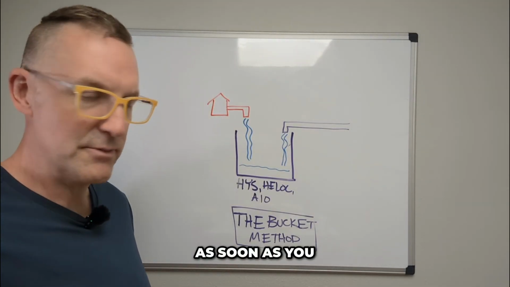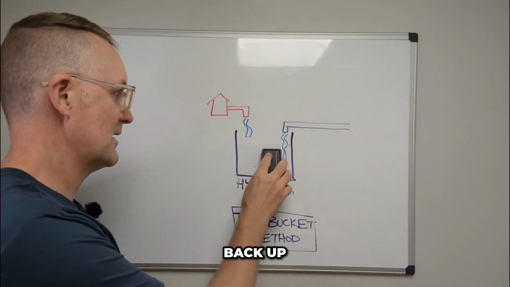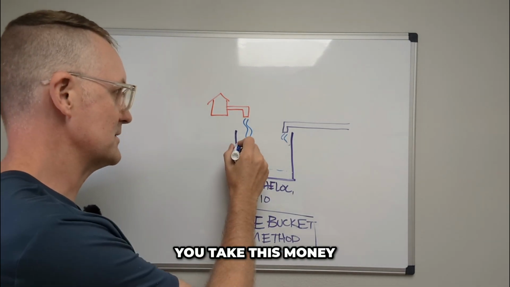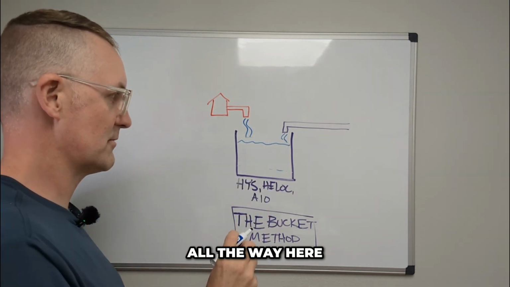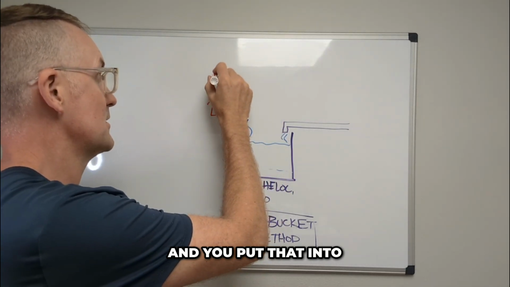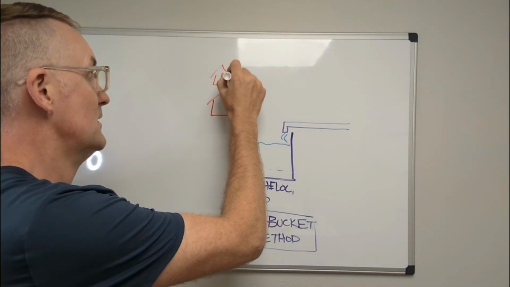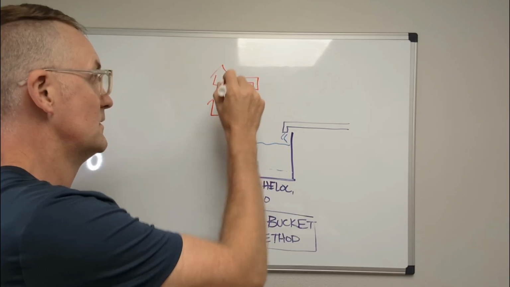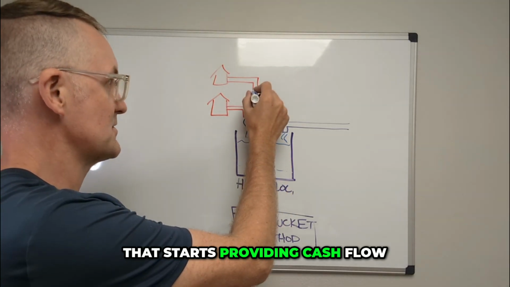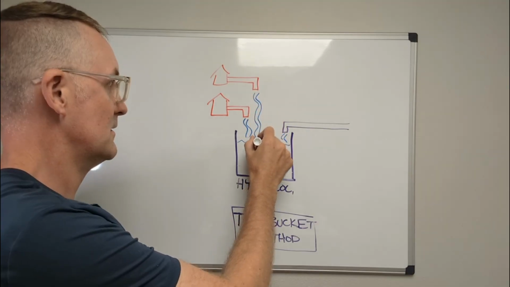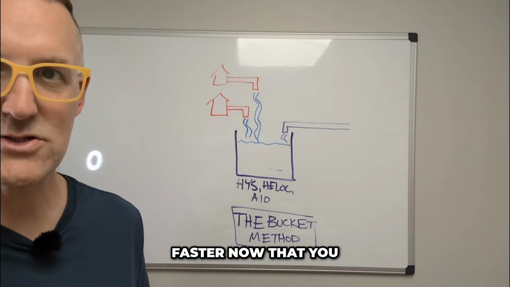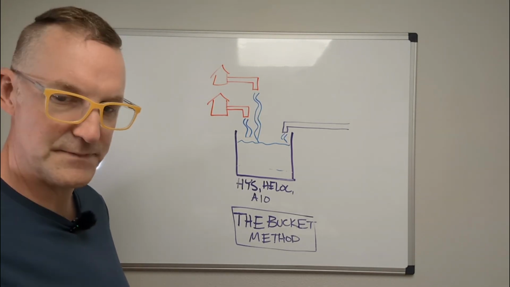So as soon as you build this back up, you buy your second rental property. You take this money as it's built up all the way here, you take that down and you put that into your next rental property. And as soon as that starts providing cash flow, you're building your equity back up even faster now that you have more sources of income.